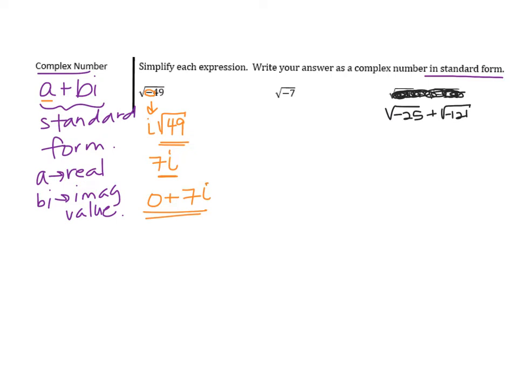Taking a look at the next example, the square root of negative 7. Again, the first thing you want to do is eliminate the negative on the inside by putting the coefficient of i out in front. But now what happens with the square root of 7 is it isn't simplifiable. You can't simplify it.